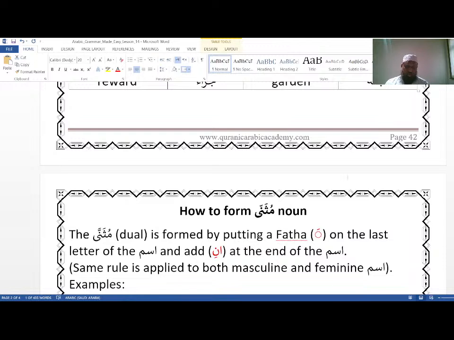The noon kasra is noon muthanna. So how do you make muthanna isms? Fatha on the last letter, then alif to show it is in halatul rafa, then put noon muthanna, and noon muthanna is always with the kasra.